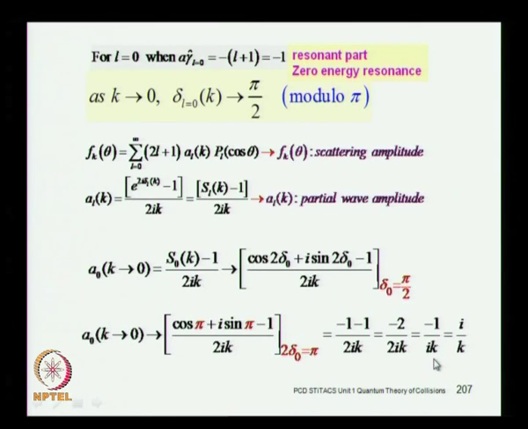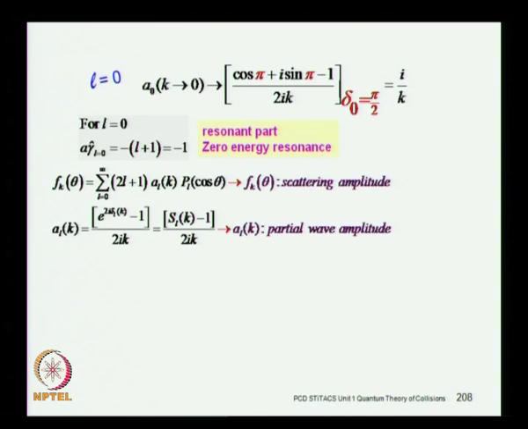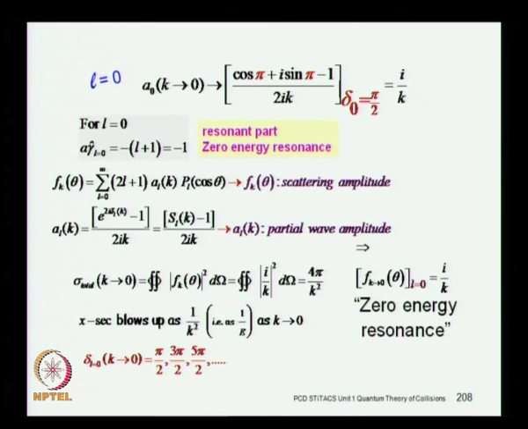As the partial wave amplitude goes as i over k, you can also get what the scattering amplitude will do. It will also go as i over k for L equal to 0, because that is the only thing contributing to the scattering amplitude in low energy scattering. This goes as i over k, and the scattering cross section itself will go as 1 over k square, because it is the integral over all angles, and the scattering amplitude is independent of angle.